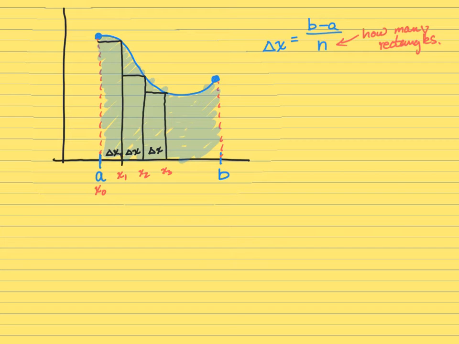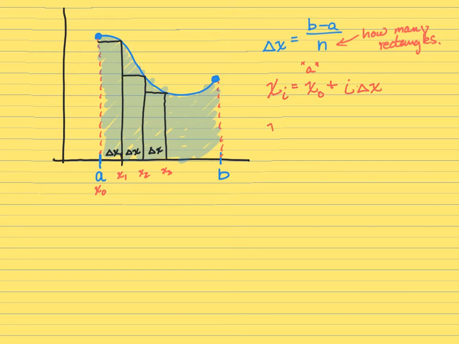And so we have a little formula for each of these. Let's write it. x sub i, the ith right end point, is going to be x sub 0, which is a, plus i times delta x.